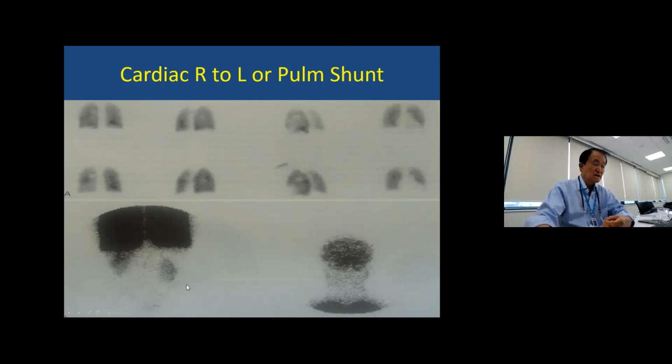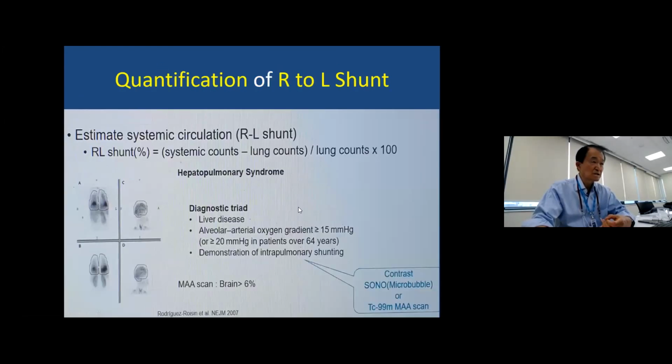So we calculate how much is extrapulmonary out of the total amount. Here you outline the whole body and the brain and calculate. If the brain has more than 6%, you have a potential problem. There were 4 cases of stroke developing after lung scan, but a very rare chance.